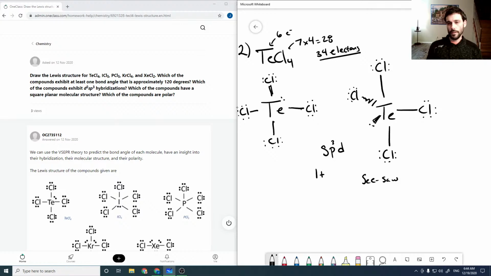So in this case, we need 5 species, including the lone pair. So 1 plus 3 is 4, so we need at least a single d orbital to give 5. So the hybridization is sp3d.